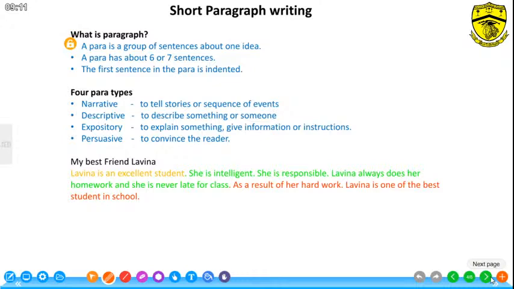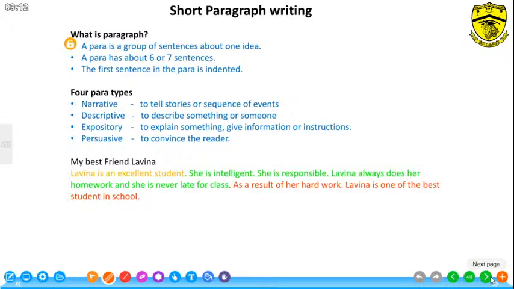The fourth one is persuasive, to convince the reader. That means the information, I think it's the advantages or the disadvantages of social media. So in that way you have to write about some information, right? That means the persuasive ideas.